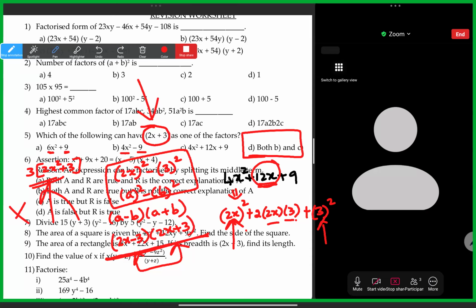Okay. So now if you compare this with a square plus 2ab plus b square, it is nothing but a plus b whole square. So Maisha, can you tell in the place of a and b what is there by comparing this with this?